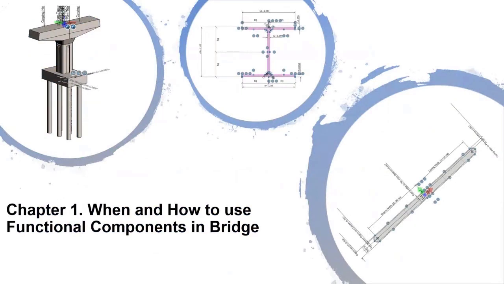This is the first topic. I'm going to show you when and how to use functional component in bridge. I want to present the major words regarding functional component and parametric model. The functional component represents the constraint to handle the geometry movements and variable name to control the size of a shape using dimensions.